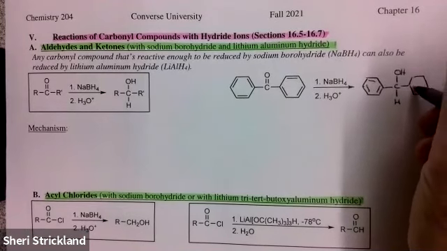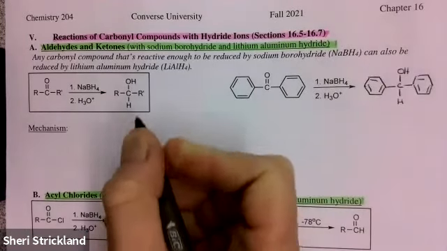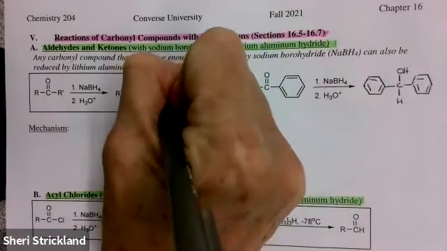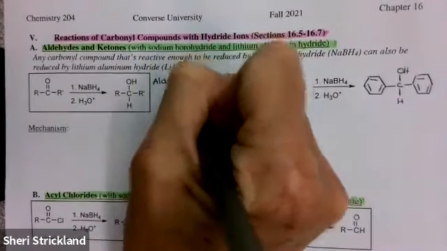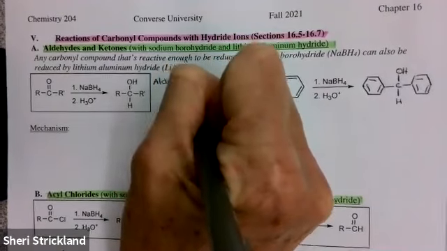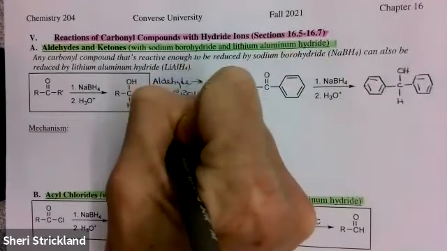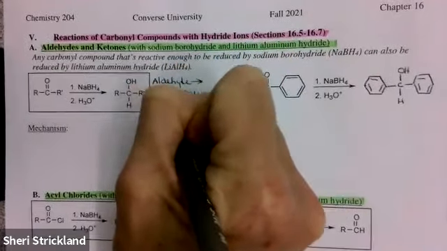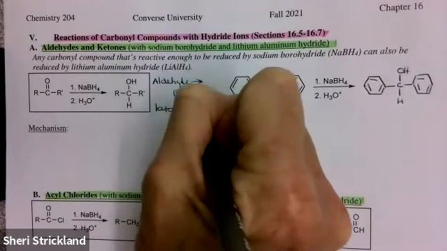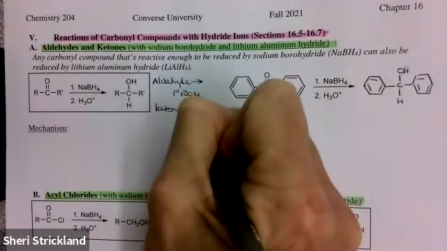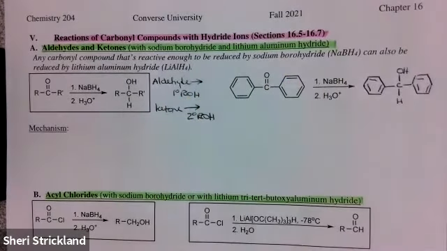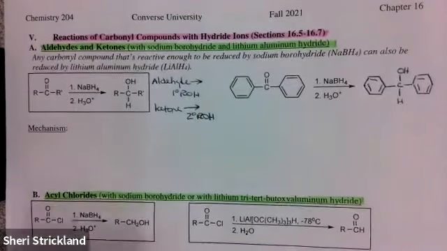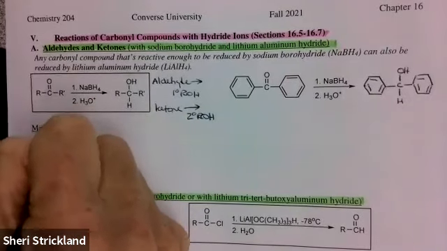And with ketones and aldehydes, I can tell you that an aldehyde will be transformed into a primary alcohol, and a ketone will be transformed every time into a secondary alcohol. And this can be very handy to know when you're trying to decide where to begin in a synthesis problem. So let's take a look at the mechanism.